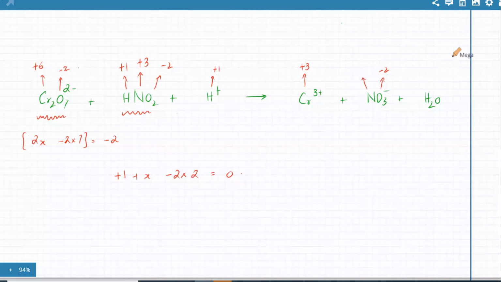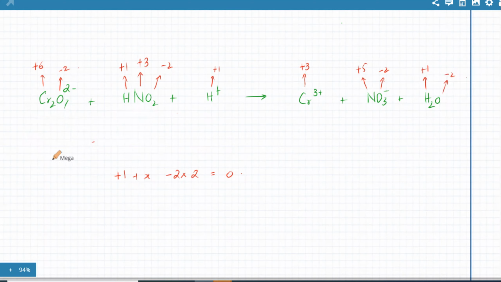What is the oxidation state of N? 5. Okay, so this one is 5. And H is plus 1, so we already know that, and O is minus 2. So that's the additional step. You figured out the oxidation states of all the elements in the equation.